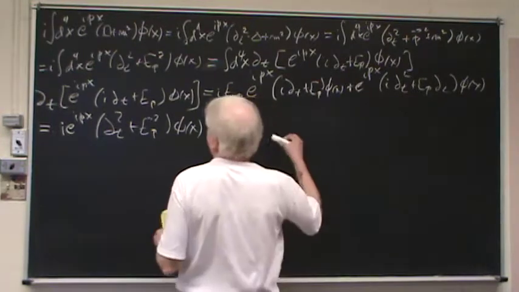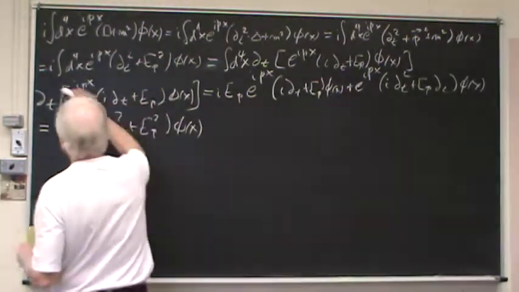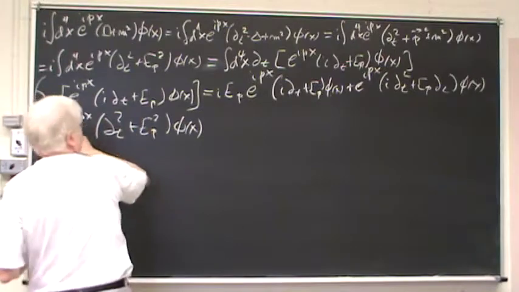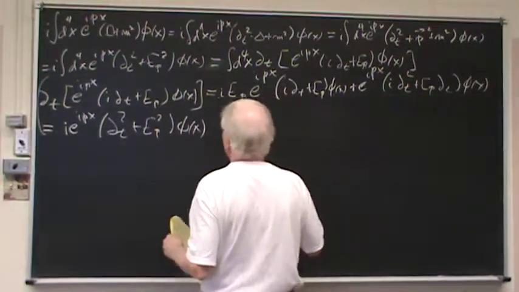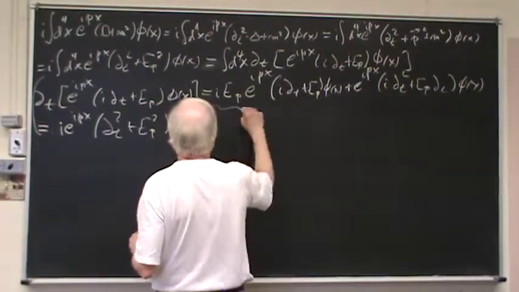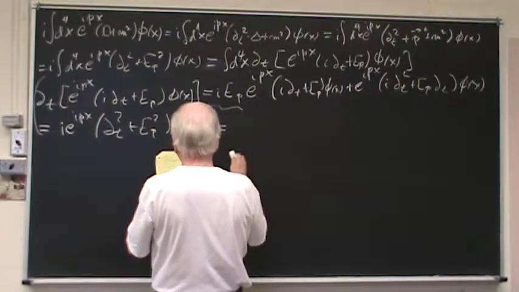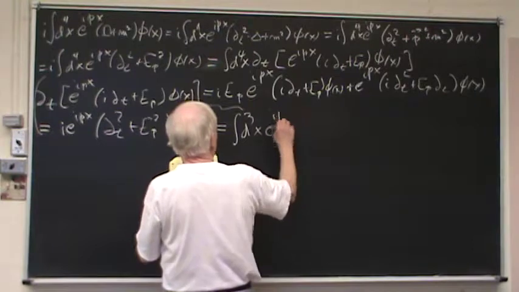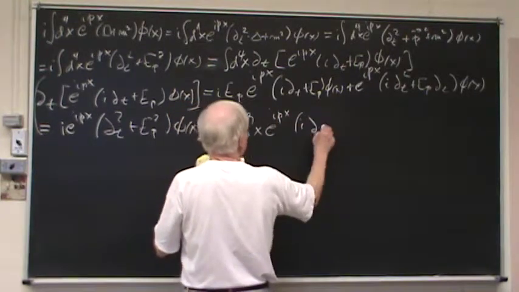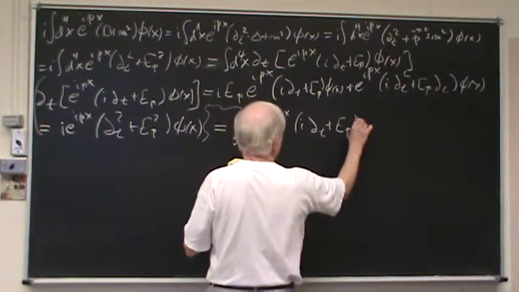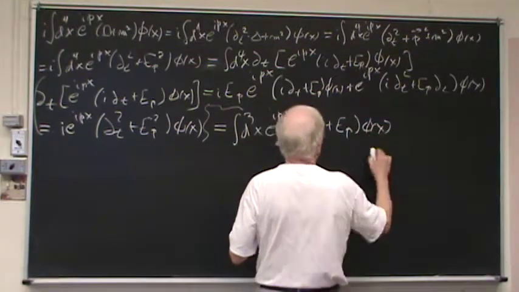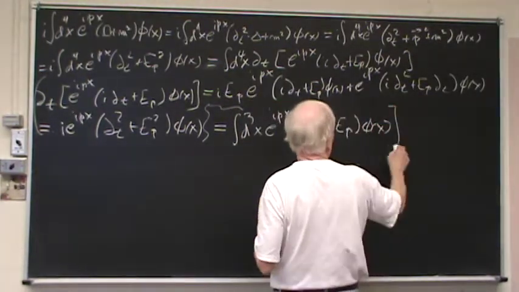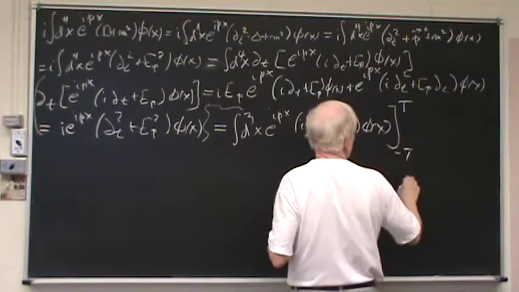So if we skip all of this, I can say that this is equal to the integral d cubed x e to the I px, I d by dt plus ep phi of x, and in the lingo of calculus, it's t minus t.